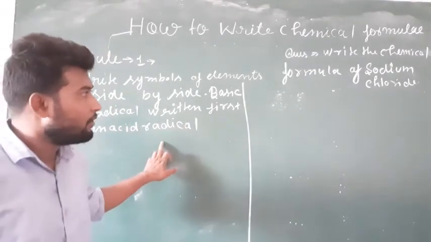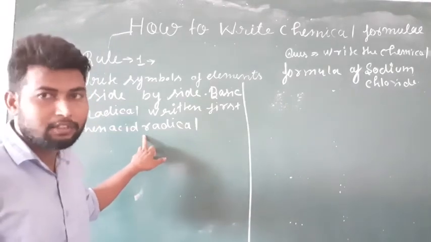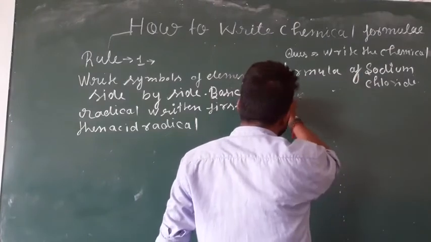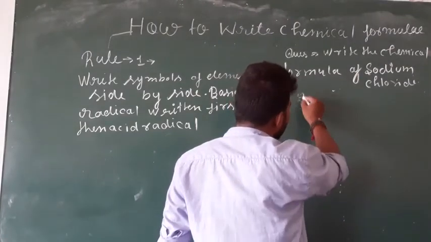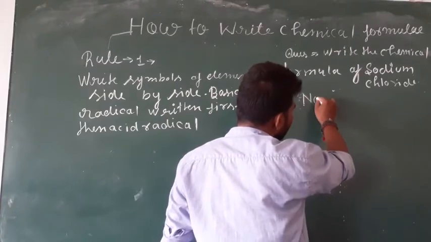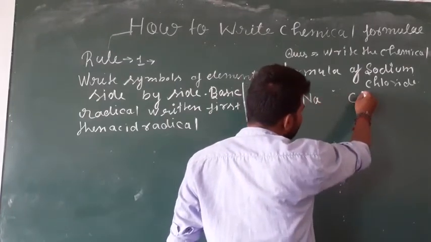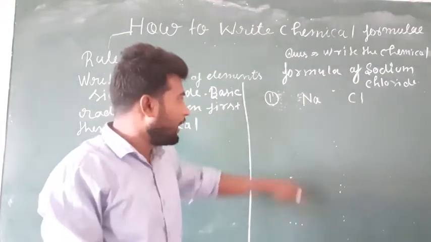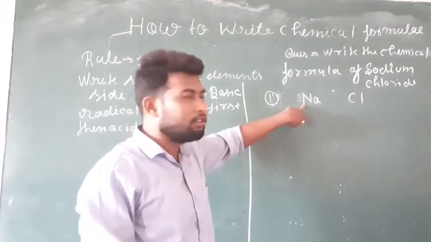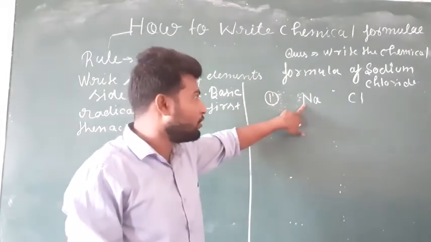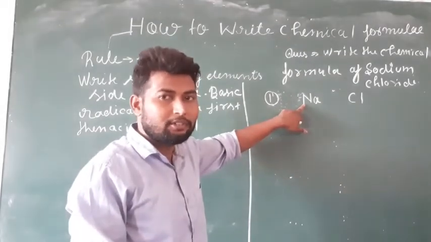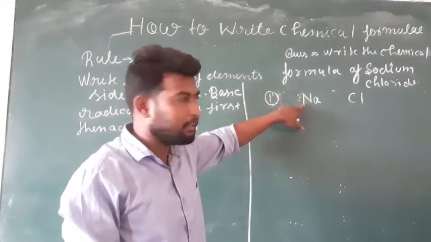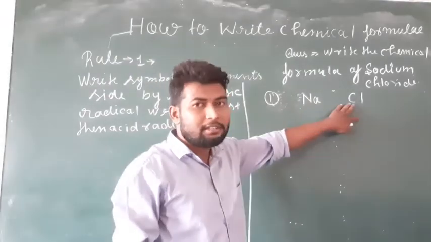Now we are going to follow the first rule in the case of sodium chloride. You know that the sodium symbol is Na and the chlorine symbol is Cl.